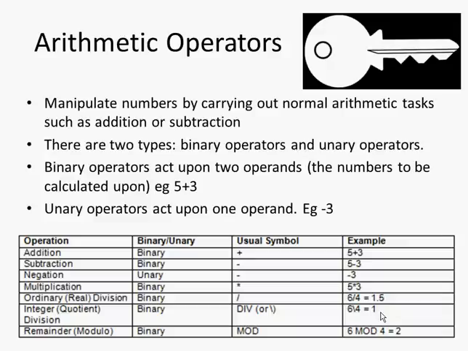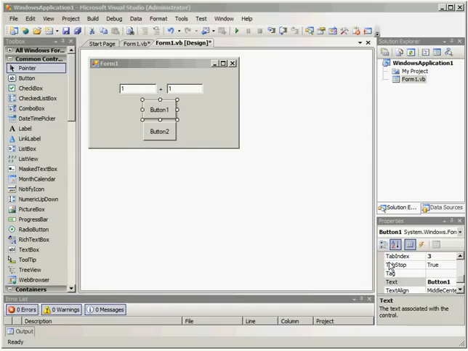And then there's the mod command, which when applied to two numbers will give the remainder of the first number divided by the second number. You'll want to try these out with some VB.NET code at some point to see how they all behave. But here's a little example to whet your appetite.